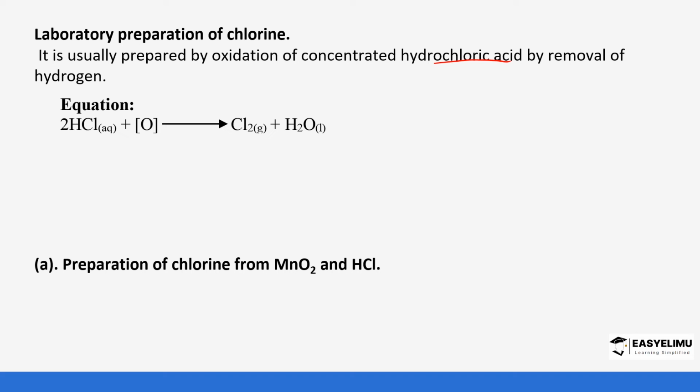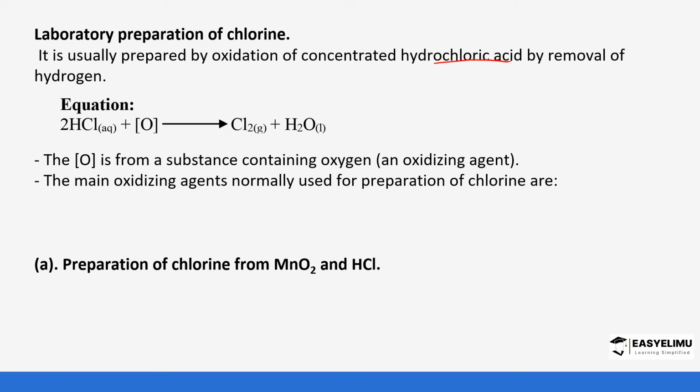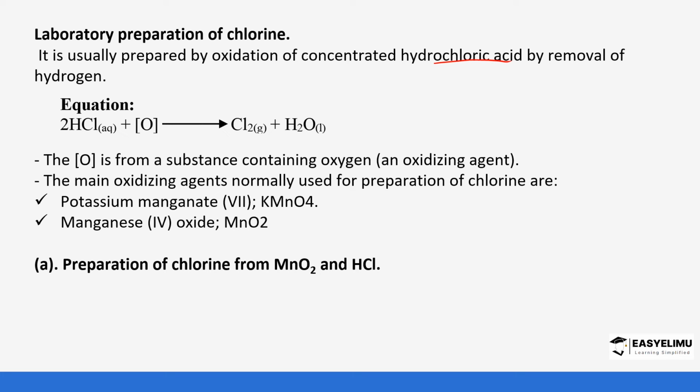So chlorine is prepared by an oxidizing agent reacting with hydrochloric acid. The oxidizing agent is the one that removes hydrogen from hydrochloric acid to form chlorine gas, and itself is reduced to form water and the other products. Some of the oxidizing agents that we use for this preparation are potassium permanganate(VII) and manganese(IV) oxide.